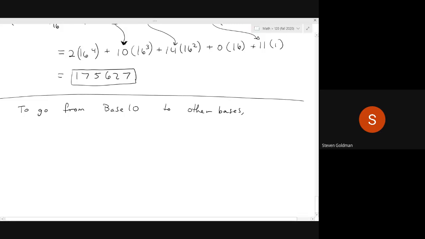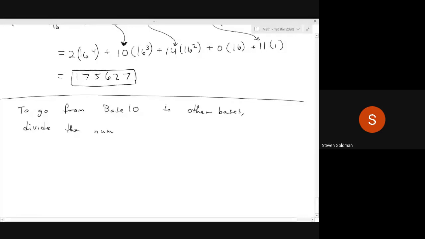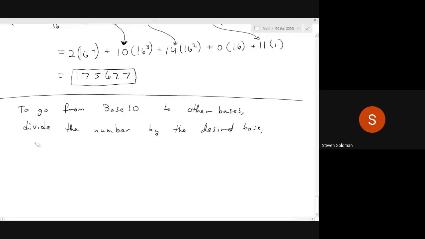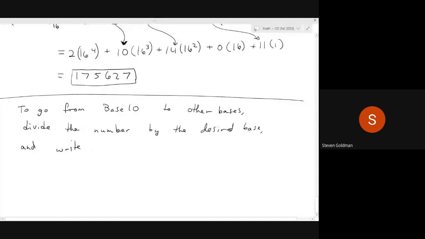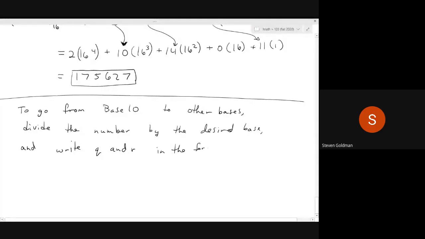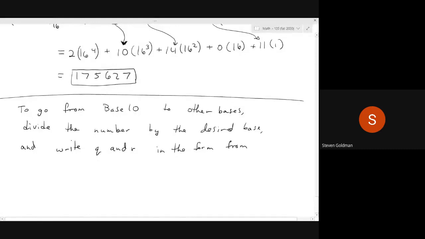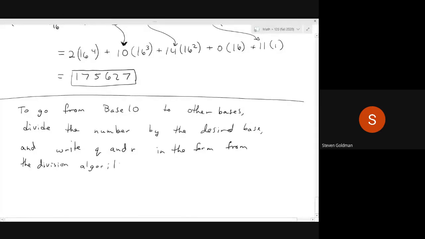To go from base 10 to other bases, divide the number by the desired base, and write Q and R, the quotient and remainder, in the form from the division algorithm.